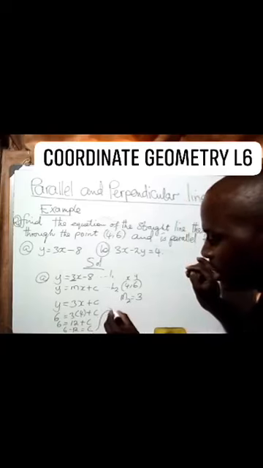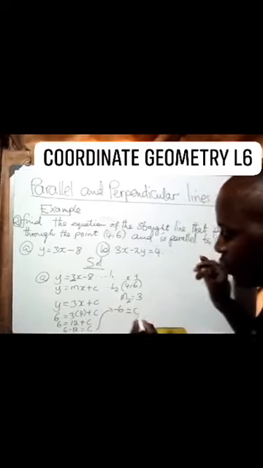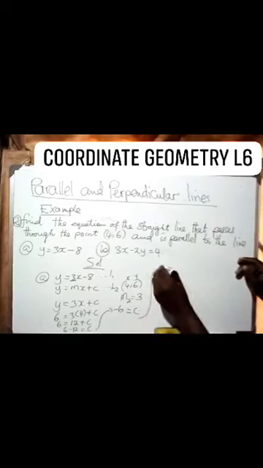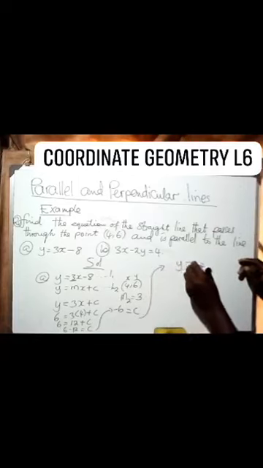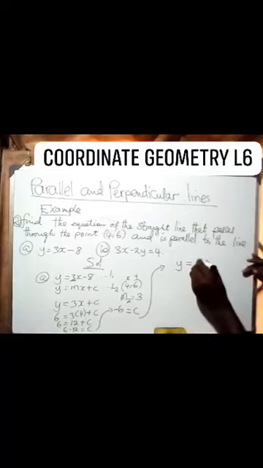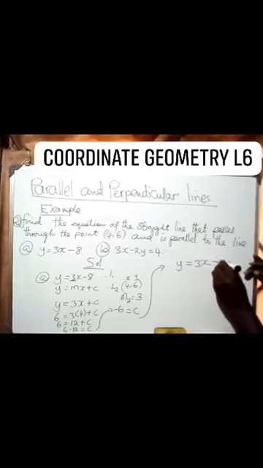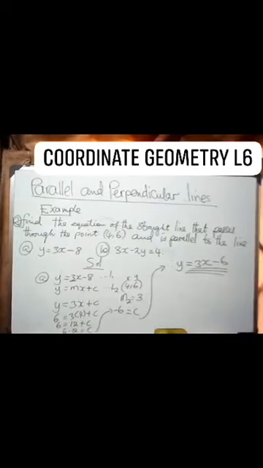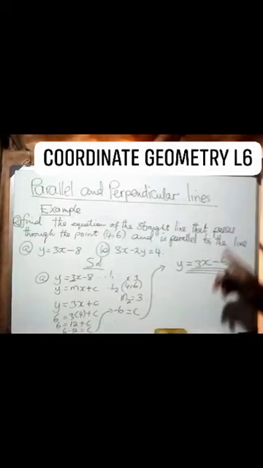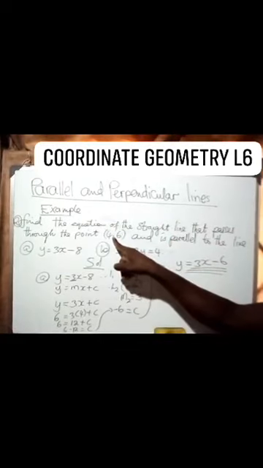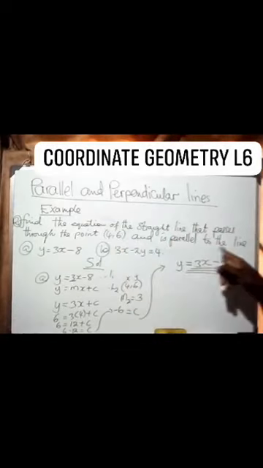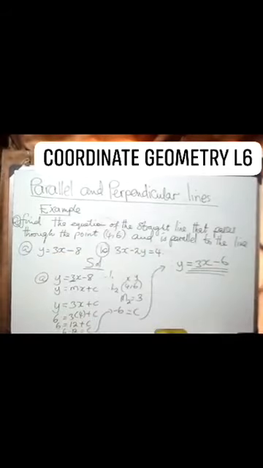So negative 6 is equal to c. So therefore our y will be 3x minus 6. This is the answer for the equation of the straight line that passes through (4, 6) and is parallel to this line there. So that is what we have.